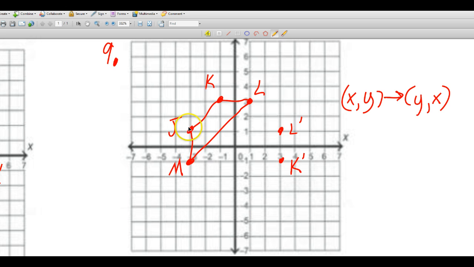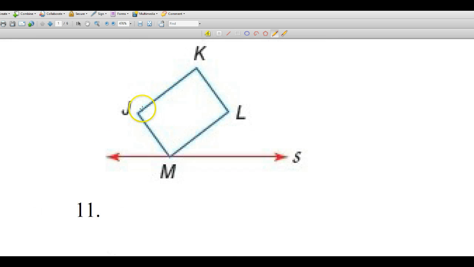J is (-3, 1), so now we're at (1, -3). And M is at (-3, -1), so now we're at (-1, -3). Like so.